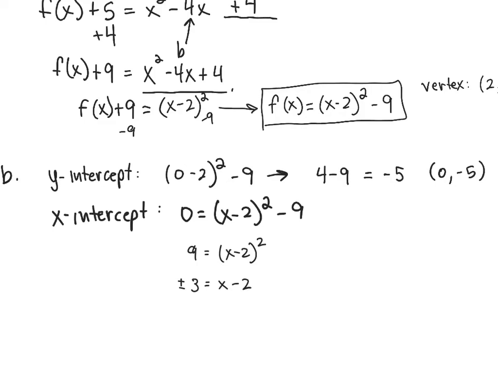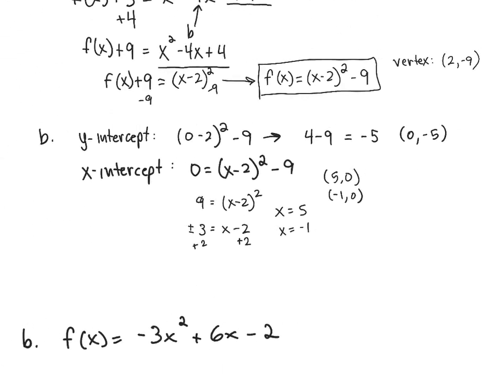And if you add 2 to both sides, you're adding 2 to positive 3 and you're adding 2 to negative 3. So you would get x equals 5 and x equals negative 1. So our two x-intercepts are 5, 0 and negative 1, 0.